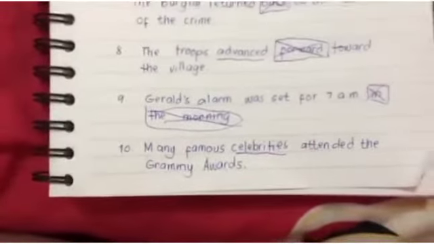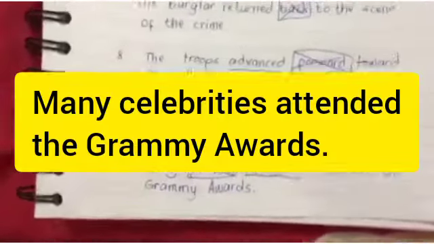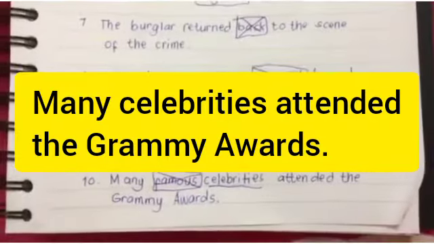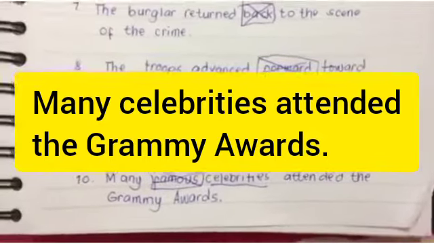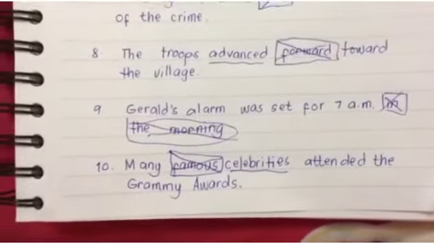You cannot be a celebrity if you're not famous anyway. So, you just delete the word famous because it is redundant. So you just say, many celebrities attended the Grammy Awards. That is enough.